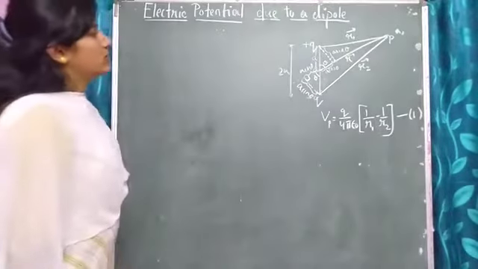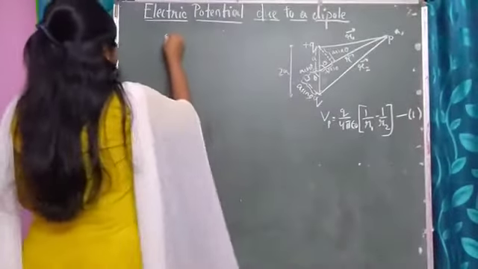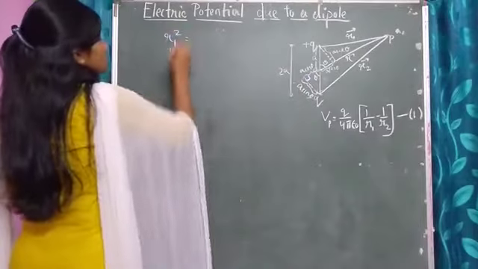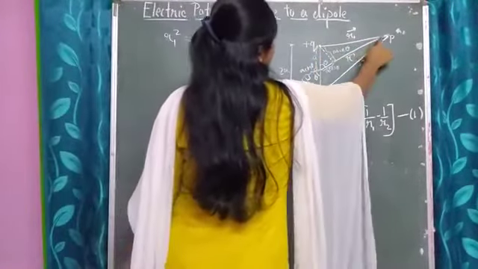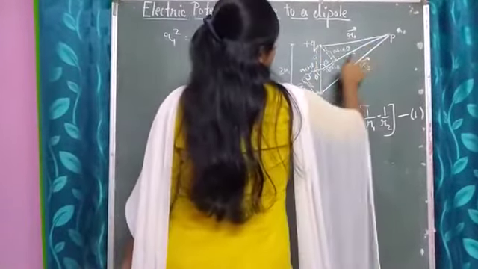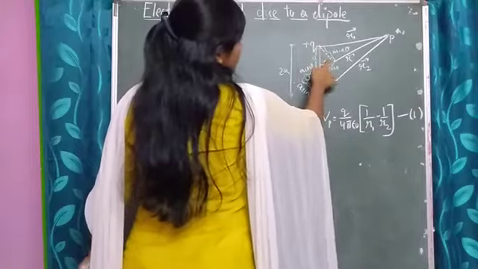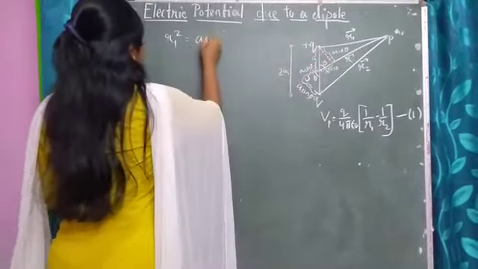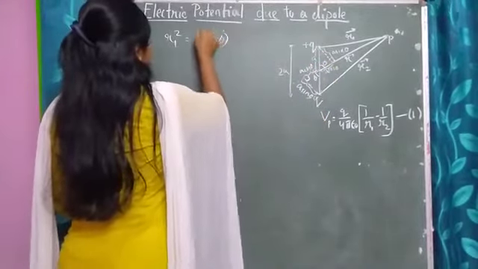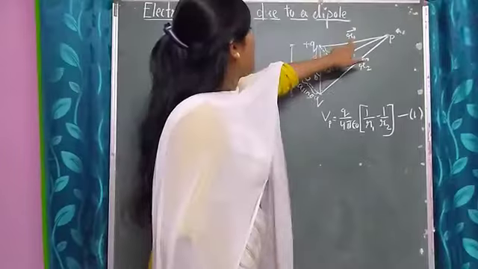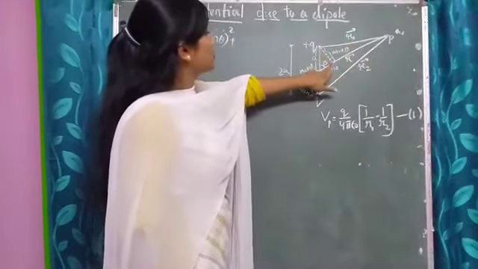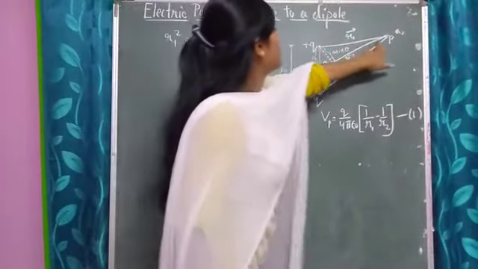So now let us find R1. In this right angle triangle, R1 square will be this square plus this square. So a sin theta whole square plus, using the Pythagoras theorem, R1 square is equal to this perpendicular square plus this base square.